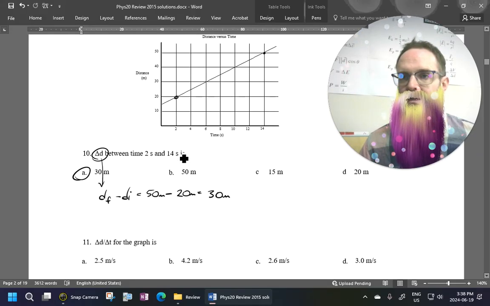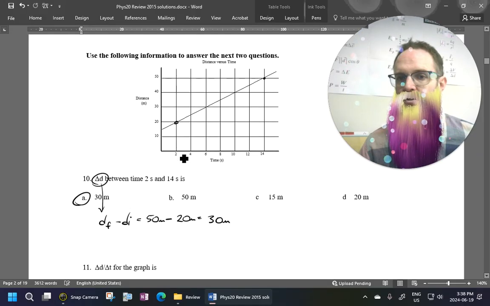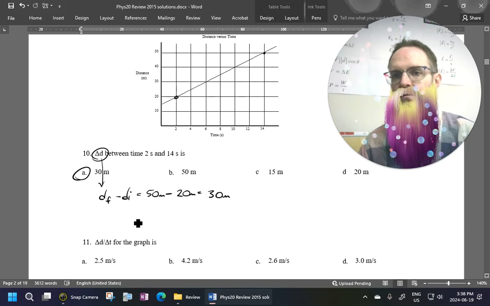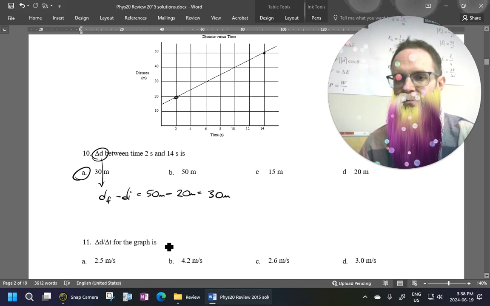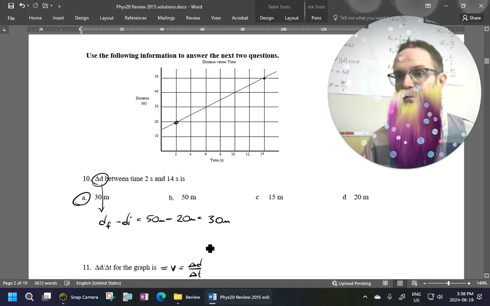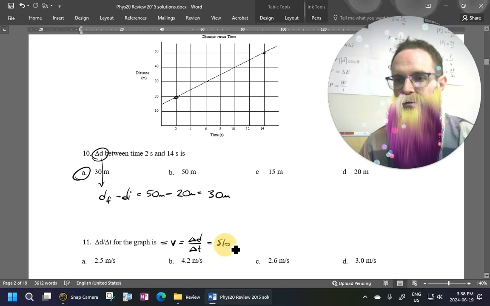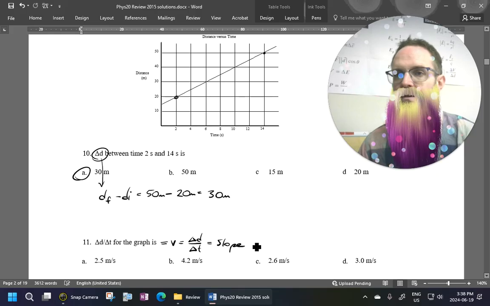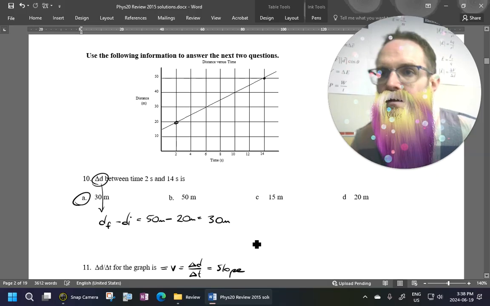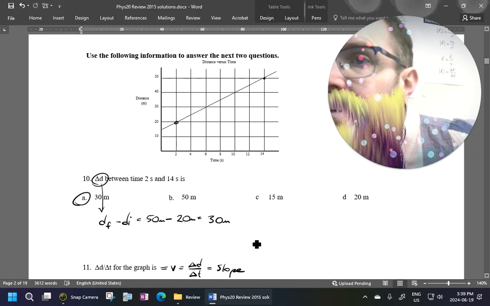Next two questions. Okay, so what is the change in distance over change in time, which is the speed. What's the speed of this graph, which is just going to be the slope of this graph, right? So slope. I don't know if there's any better points here to use.